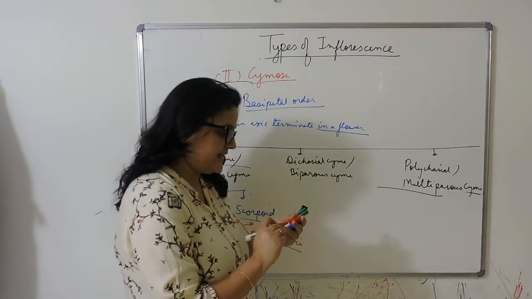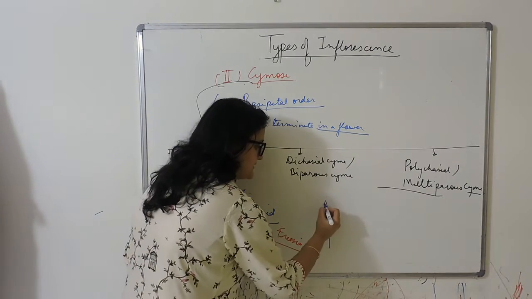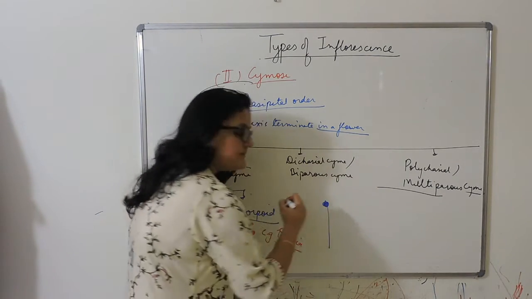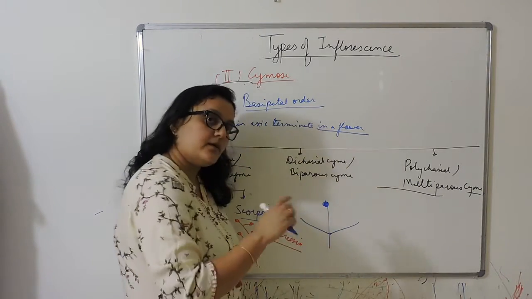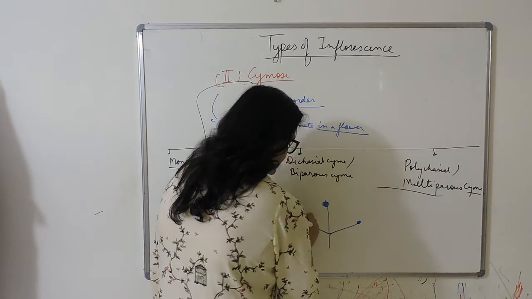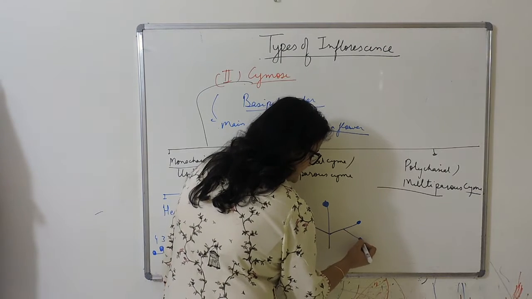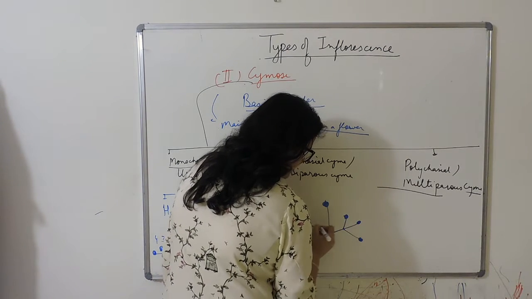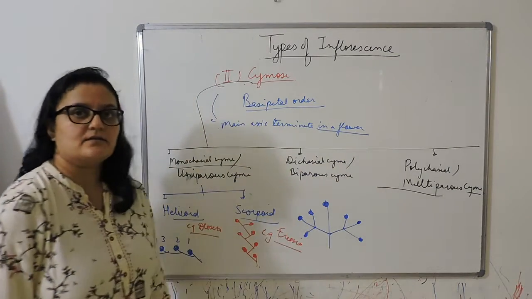In the case of dichasial cyme, the main axis terminates into a flower and two branches form. Both the branches also terminate in a flower, and then lateral branches are formed here, which also terminate into flowers.